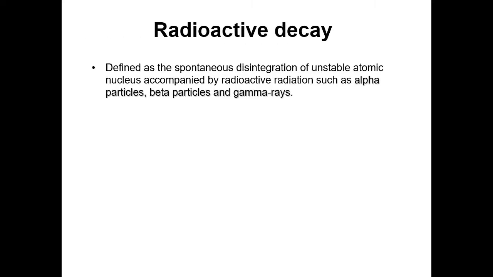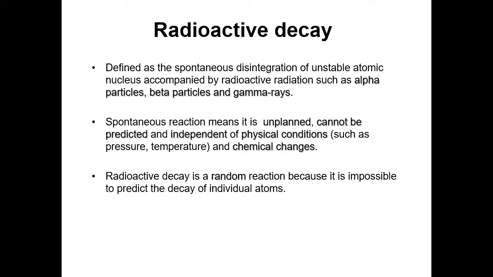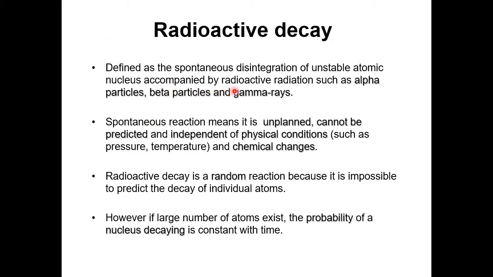Radioactive decay is defined as a spontaneous disintegration of an unstable nucleus accompanied by radioactive radiation such as alpha particles, beta particles, and gamma rays. It is a spontaneous reaction, which means it's unplanned, cannot be predicted, and is independent of physical conditions such as pressure, temperature, and chemical changes.